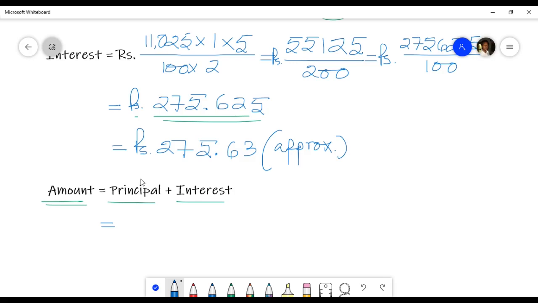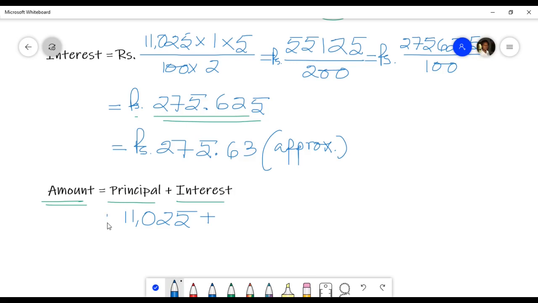Principal plus interest. And the principal that we have is rupees 11,025. That is the principal. And the interest that we just found is rupees 275 and 63 paise.